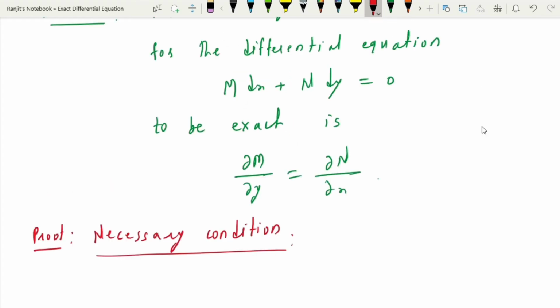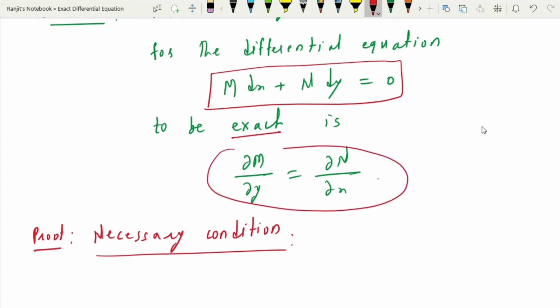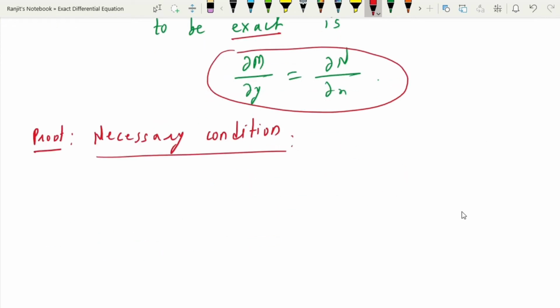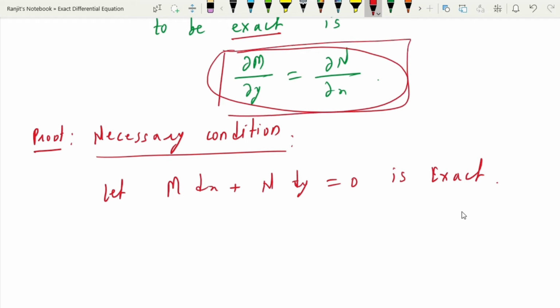First is the necessary condition. For the necessary condition, let M dx plus N dy be an exact differential equation. Here we prove that del M by del y is equal to del N by del x. Let M dx plus N dy is equal to 0 be an exact differential equation, and we prove that del M by del y is equal to del N by del x.